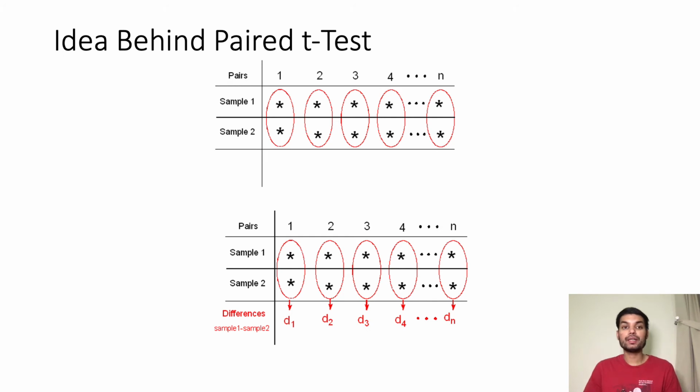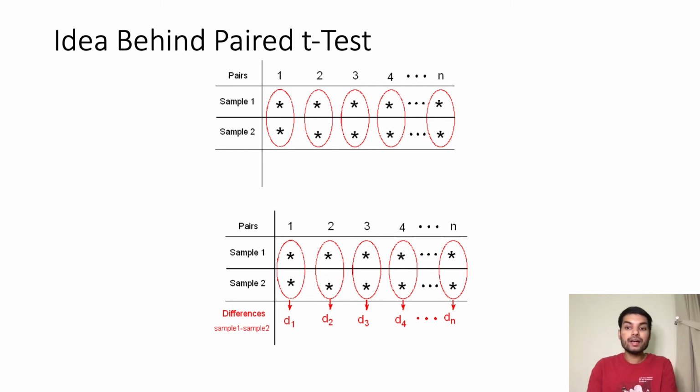So the idea behind the paired t-test, we want to know what's going on behind it. The idea is to reduce the two sample situation, where we are comparing two means, to a single sample situation, where we are doing inference on a single mean, and then use a simple t-test. In this setting, we can easily reduce the raw data to a set of differences and conduct a one sample t-test.